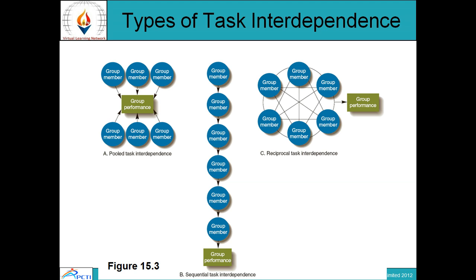While in reciprocal task interdependence, each group member is mutually, directly or indirectly, interdependent on one another. So this is basically the view of how interdependency flows among the team members.